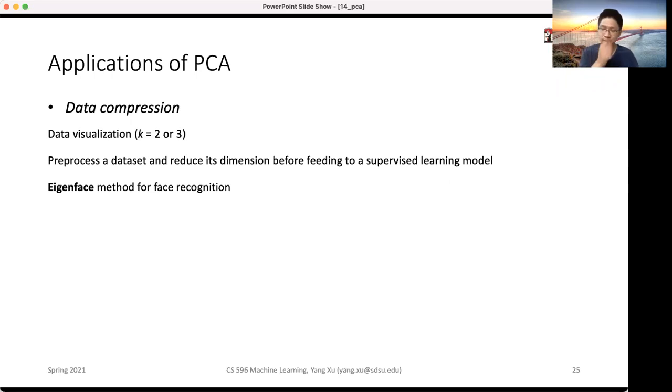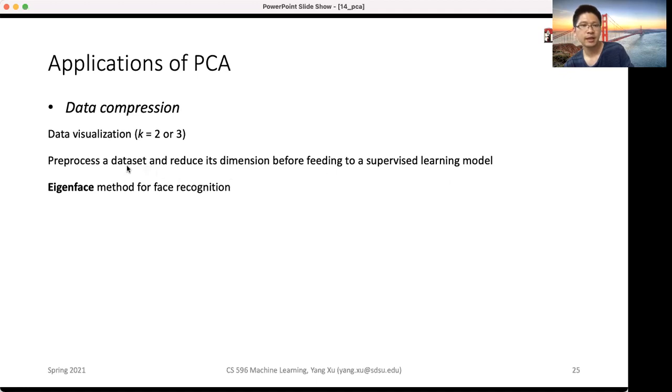We removed some non-informative and irrelevant features, and only keep those that are relevant in terms of variance, how much variance they can explain in the original data sets.